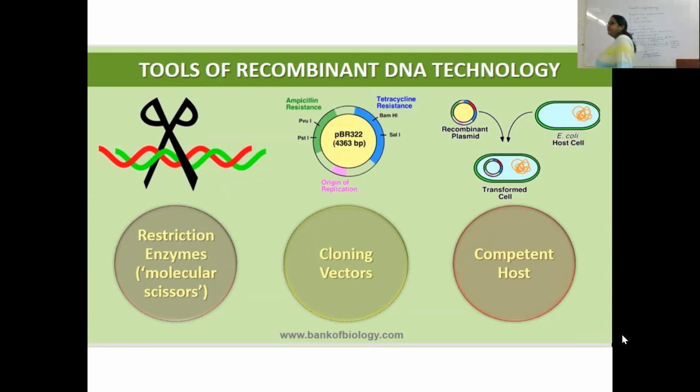They can ask you why restriction endonuclease is called molecular scissor. What answer will you give? They cut the DNA molecules and they themselves are very small.